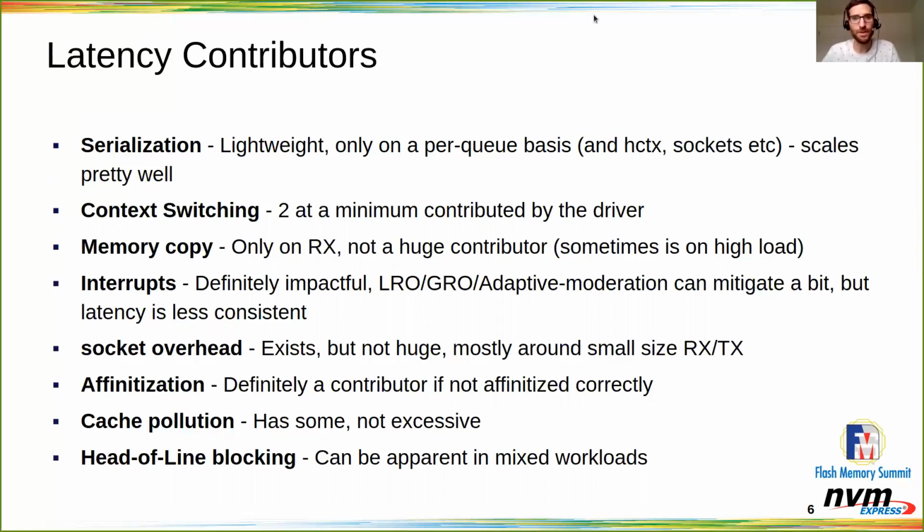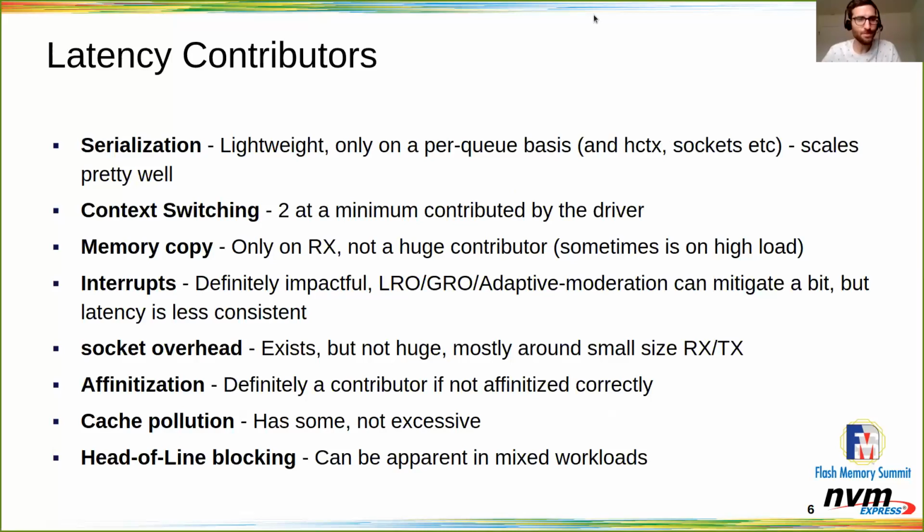Interrupts: NIC interrupts are definitely impactful. They consume CPU and impact the scalability of how much a single queue can achieve. LRO and GRO or adaptive interrupt moderation can mitigate that a bit, but then latency could be less consistent. Then we have the socket overhead.